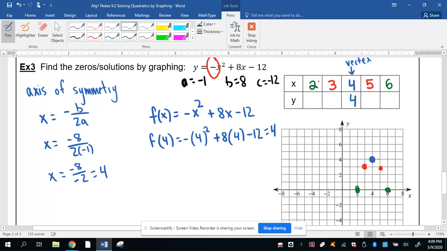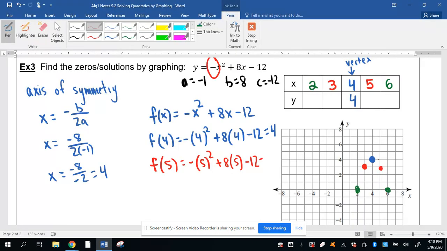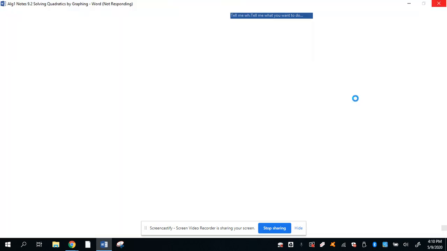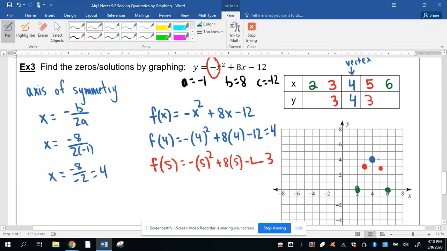And to use the equation, you can say, well, f of 5 equals -5 squared plus 8 times 5 minus 12. Put that in your calculator, and you should get 3. And that's what we saw on the original graph anyways. And then you could do the same thing for 6 and f of 6, and you should get 0.